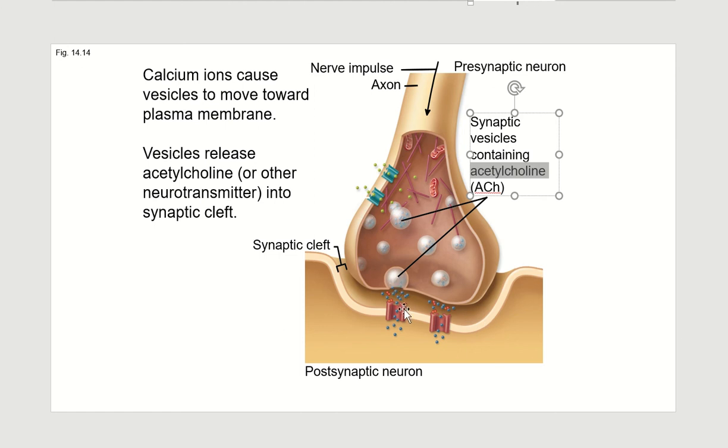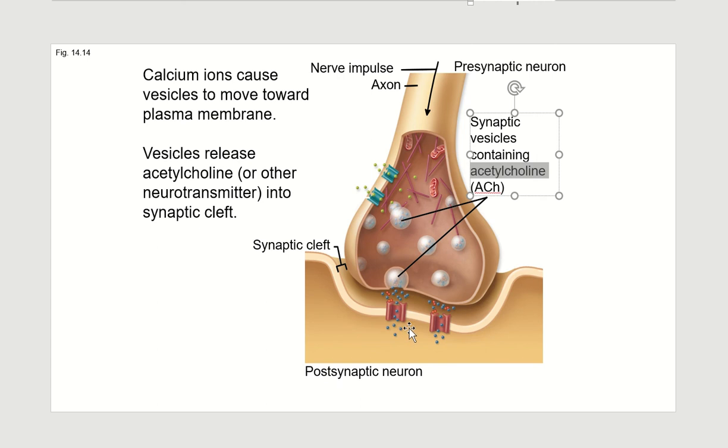The neurotransmitter is released. It binds to a receptor on the postsynaptic neuron, and that opens a channel that allows something to go into the postsynaptic neuron. These are usually sodium channels. Not always, of course, it's always more complicated. But these are usually chemically gated sodium channels.